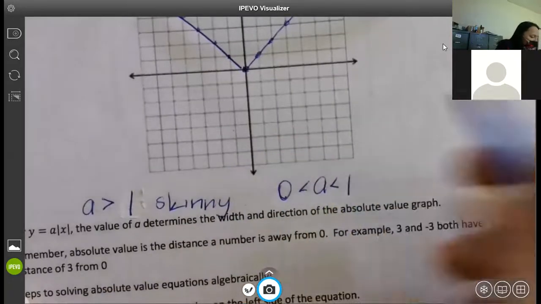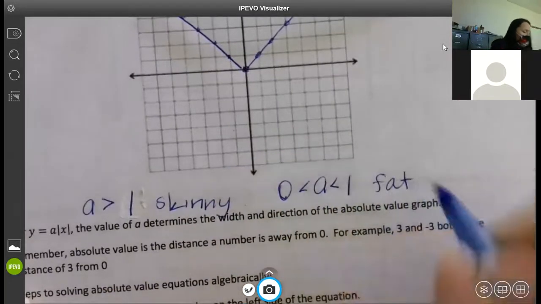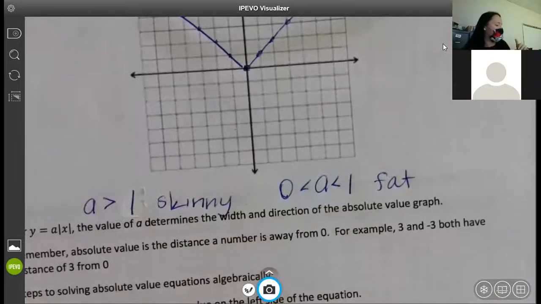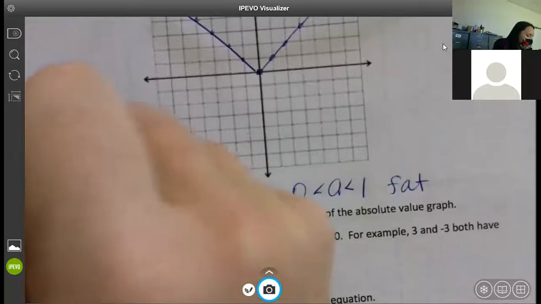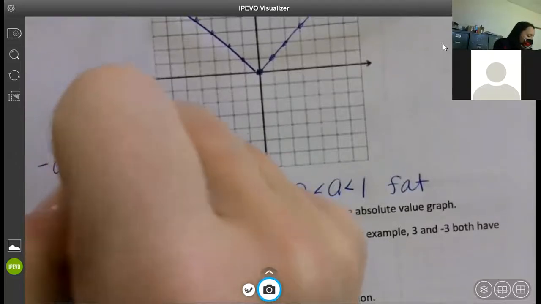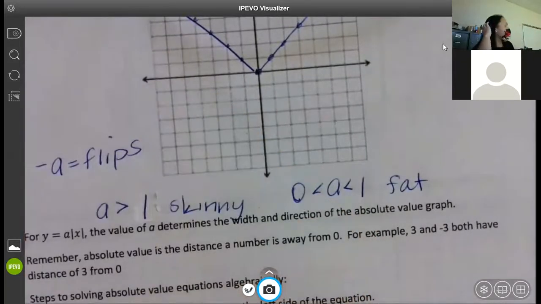If a is between 0 and 1, it'll make it fat, so it kind of flattens it out. It'll push it down. Remember, if a is negative, it flips it over the x-axis.